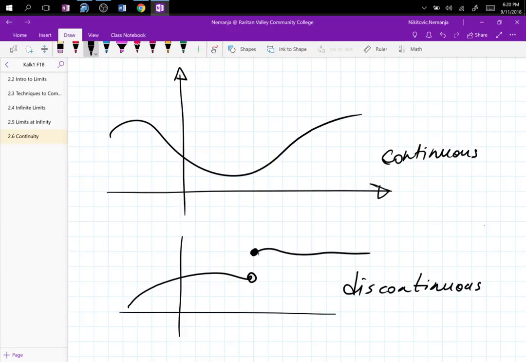So we approach the definition of continuity in a kind of roundabout way. We define continuity at a single point. And then from there, we define global continuity for the entire function. And then discontinuity at a single point.